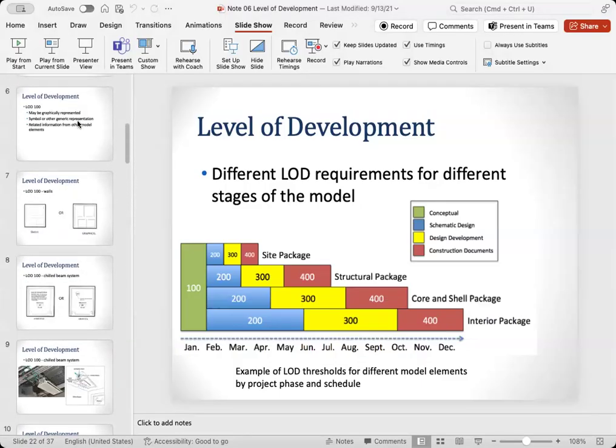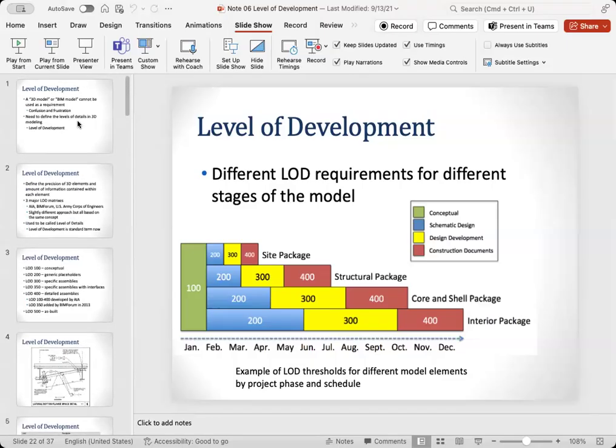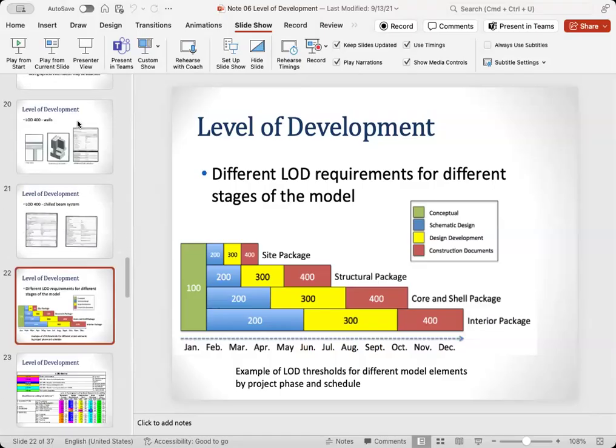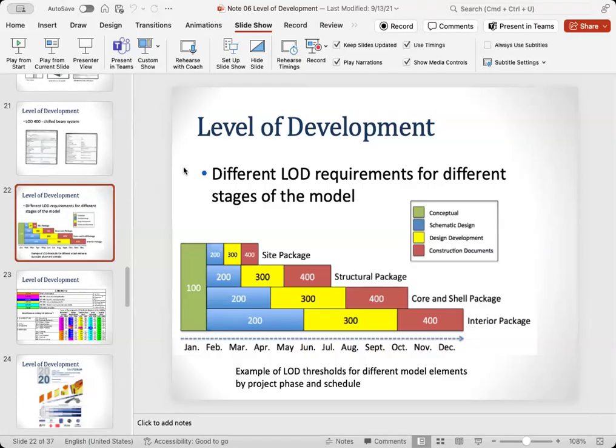But anyway, when we're talking about BIM, there's a concept called level of development. We will review this again, but I'm just showing you some ideas in these slides. The level of development, or LOD, is required for the different stages of the model.